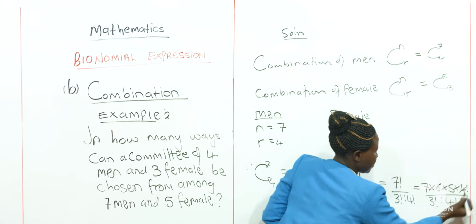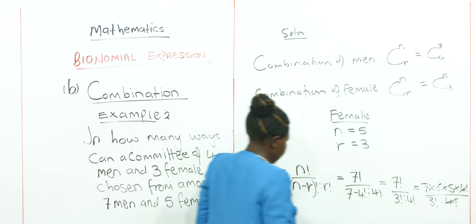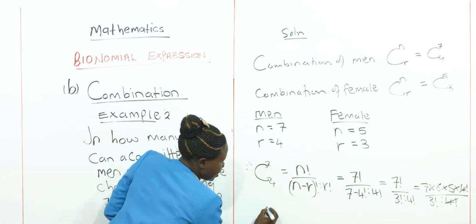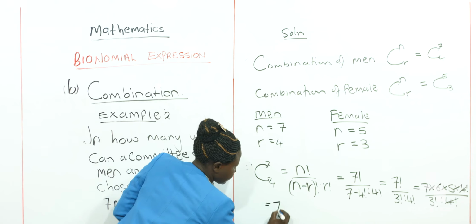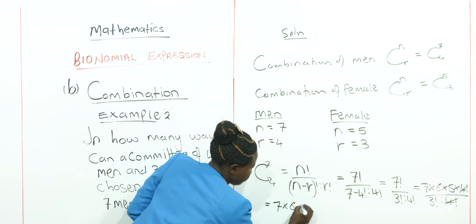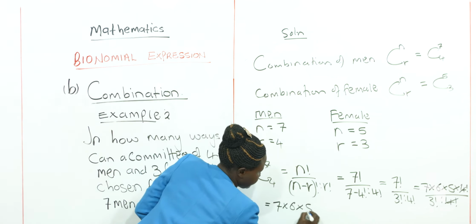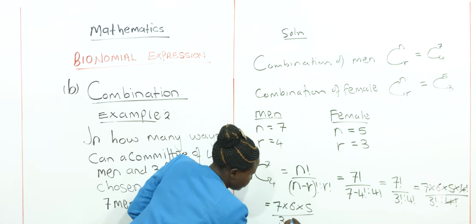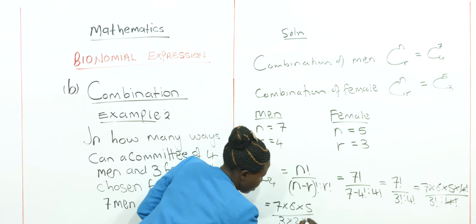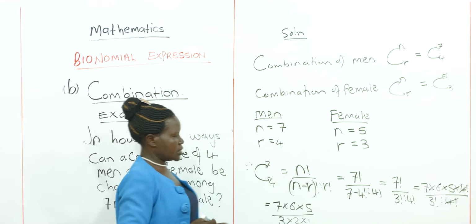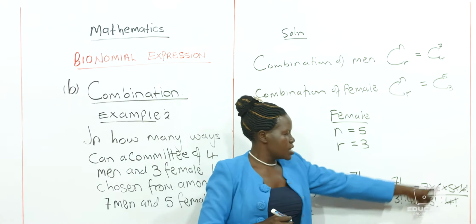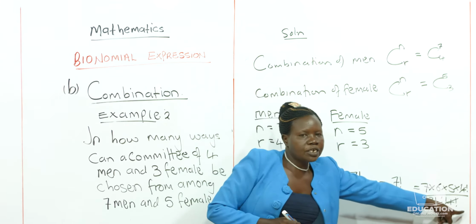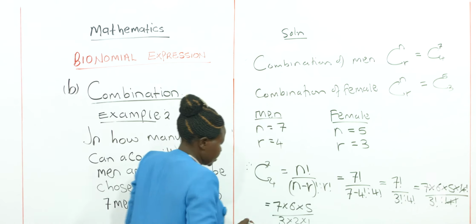The 4 factorial cancels with the 4 factorial, and you remain with 7 by 6 by 5 out of 3 by 2 by 1. Please don't rush and cancel 3 with any of these unless you have also moved the 3 to its lowest number, which is 1.